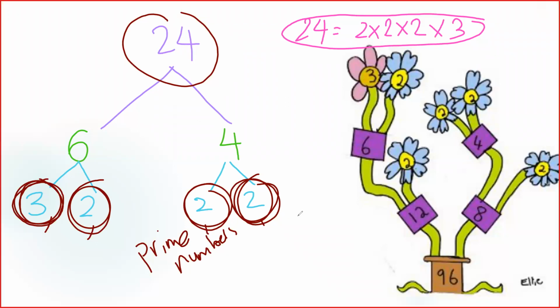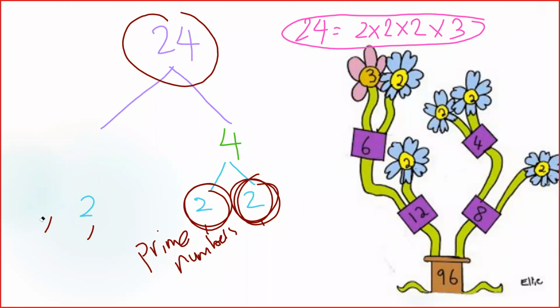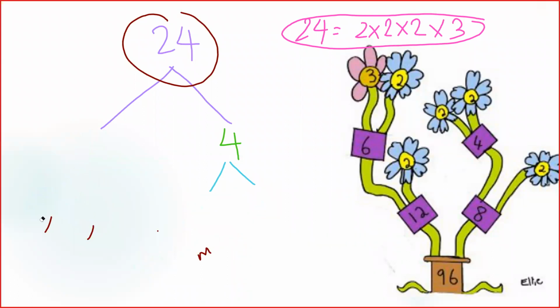So if I say its factors are 8 and 3, I will not start with 6 and 4. If I start with 8 and 3, will I get the same answer? Let's see. And 3 is a prime, so I have to stop here.